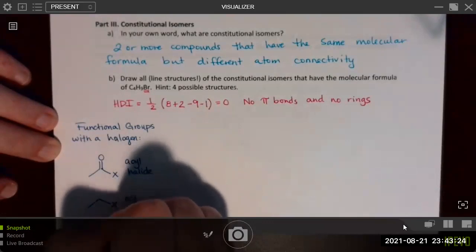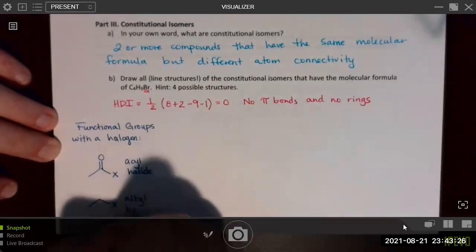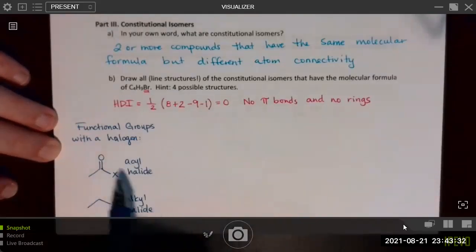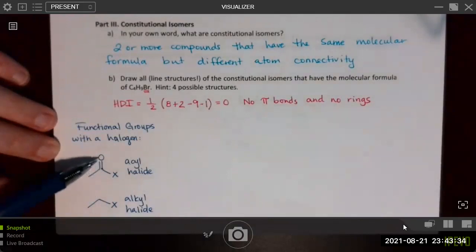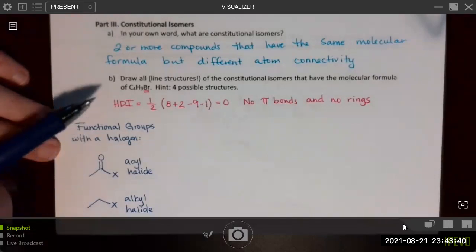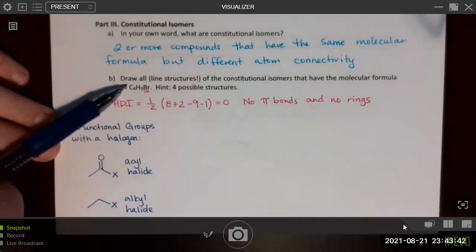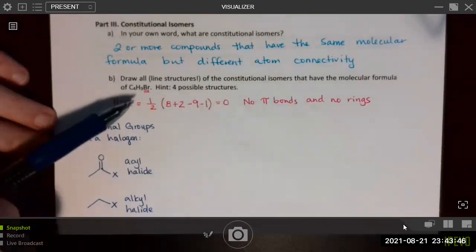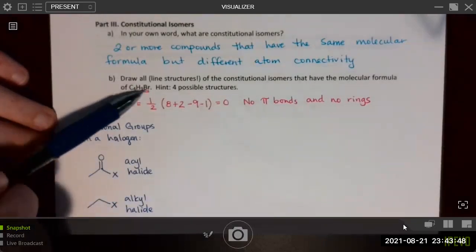Given the HDI is 0, the acyl halide structure is not possible, because in order to have a carbonyl, there is a pi bond in this structure. We already know that compounds with this molecular formula don't contain any pi bonds. In addition, there's no oxygen in this formula.